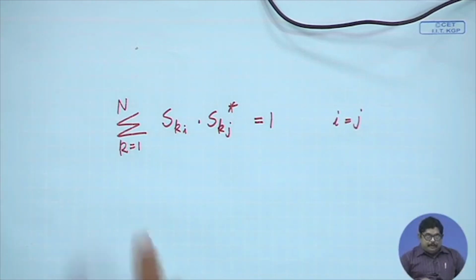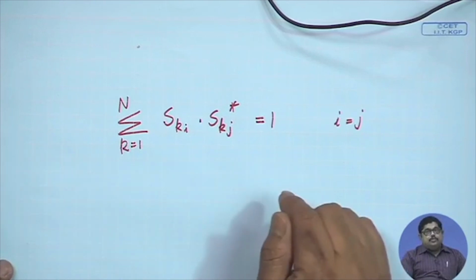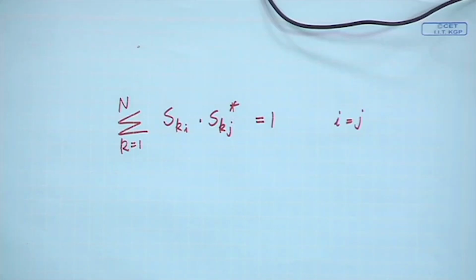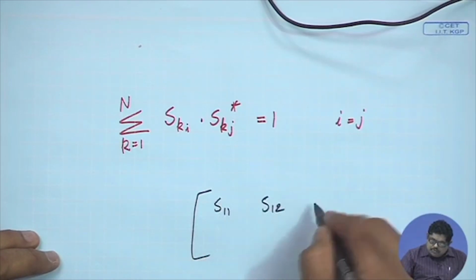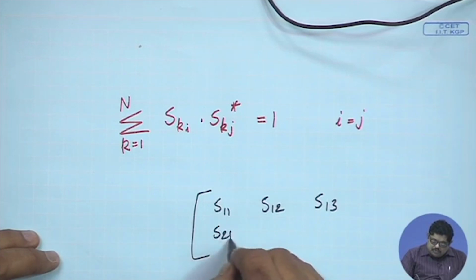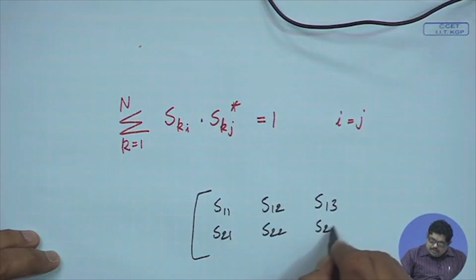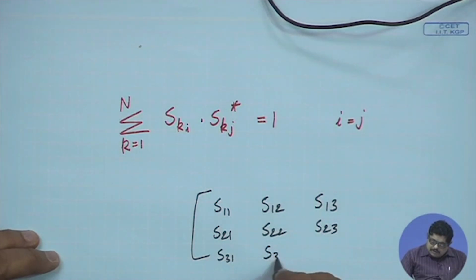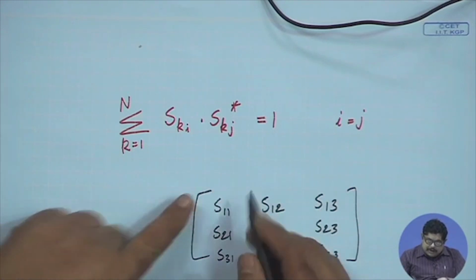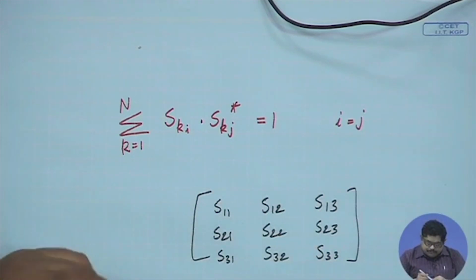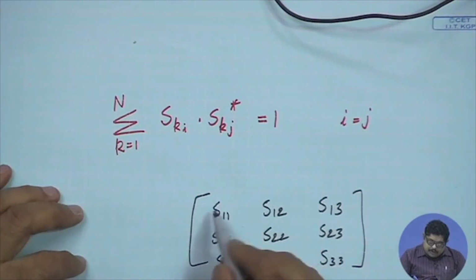That means, the same column you dot with the conjugate of the same column, you will get 1, and any column conjugated with another column gives 0. So, suppose I have S11, S12, S13, S21, S22, S23, S31, S32, S33. Now, the first one says that this is a column, this column.